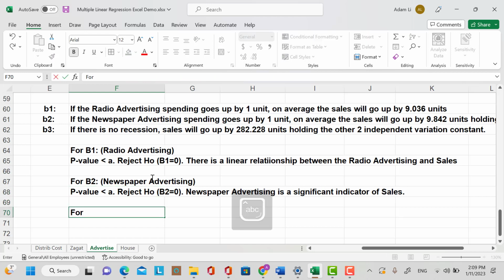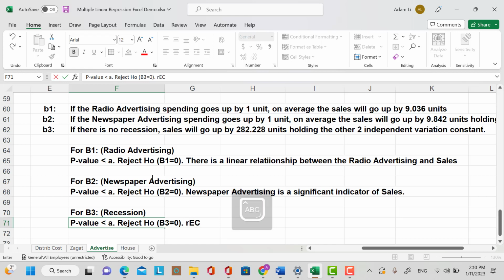So for beta 3, for recession, which is the dummy variable, the p-value also is very small. It's smaller than alpha. Again, reject H0. H0 is beta 3 equal to 0.